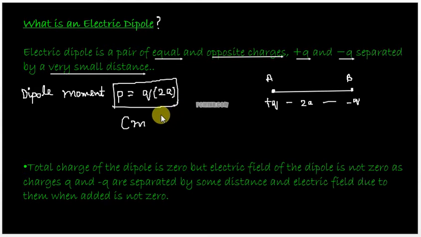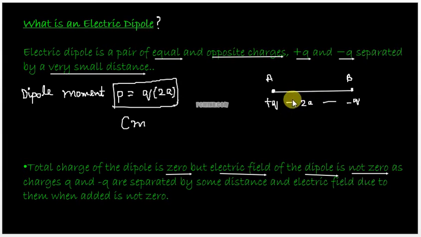An important fact you need to know about an electric dipole is that though the total charge of the dipole is zero, right, because it's plus q and minus q, when you add it as a system on the whole, the total charge is zero, but the electric field of the dipole is not zero because they are separated by some distance.